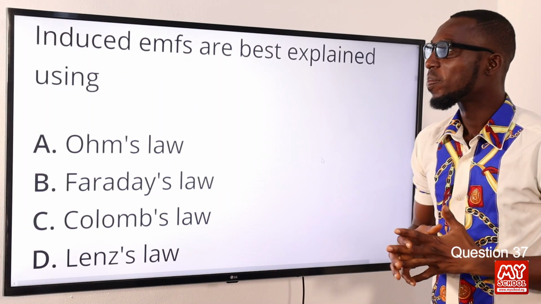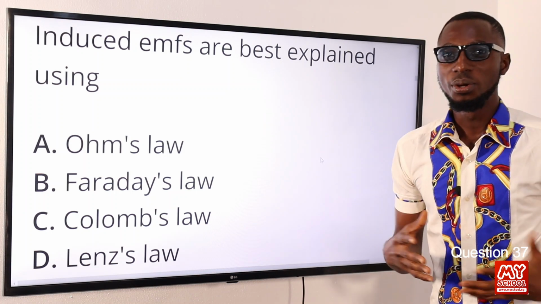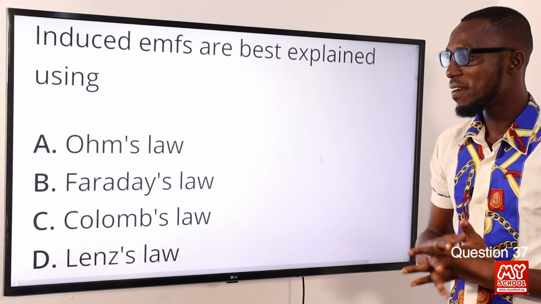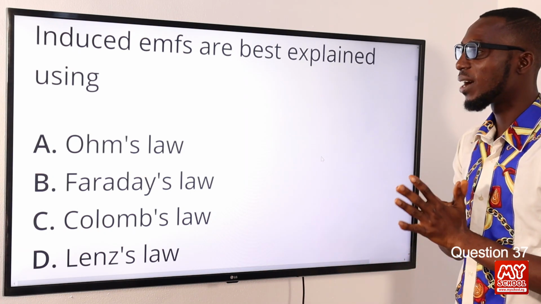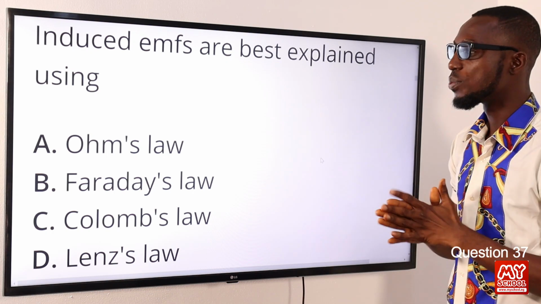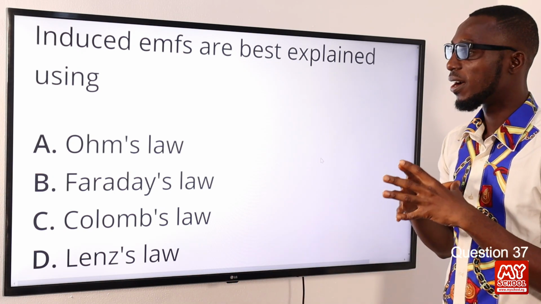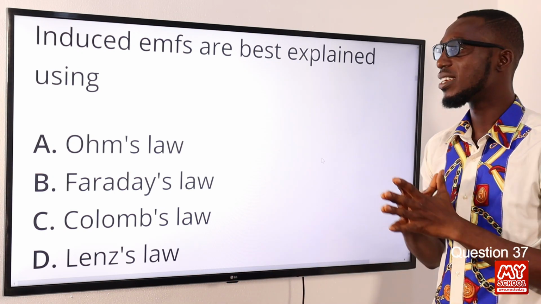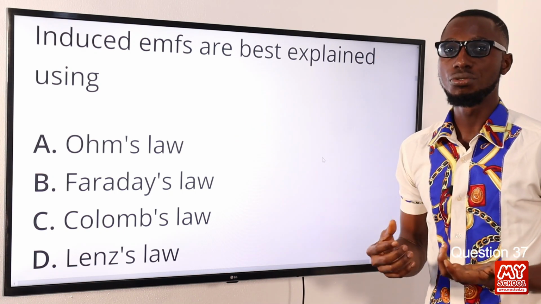Question 37. Induced EMFs are best explained using what law? We have Ohm's law, Faraday's law, Coulomb's law, and Lenz's law. When you check out the laws of electromagnetic induction, you will see reference to Faraday's law and Lenz's law. Faraday's law makes us understand that when there is a change in magnetic flux, that is when induced EMF can be produced.